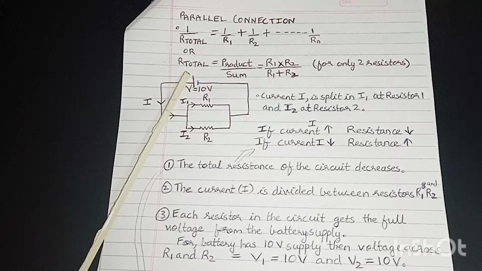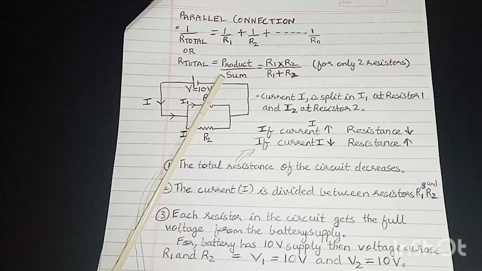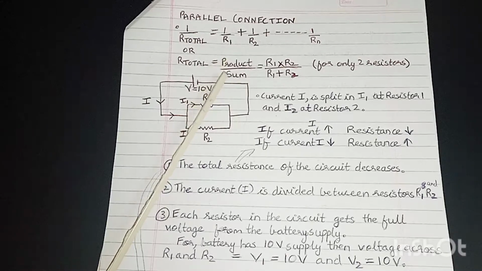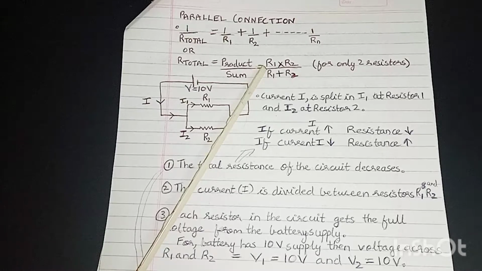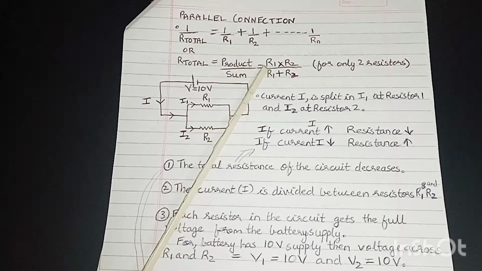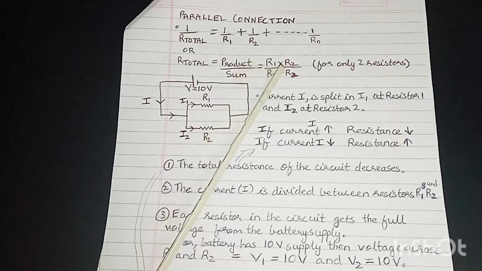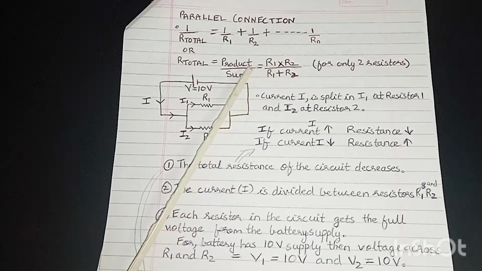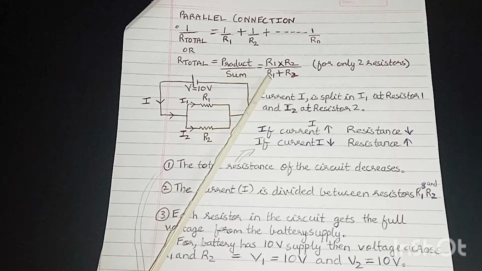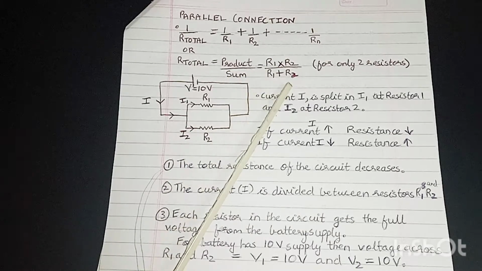So R total is equal to, okay, product divided by sum. Here there are two resistors, so the product would be the multiplication of two resistances, R1 into R2, divided by the sum R1 plus R2.